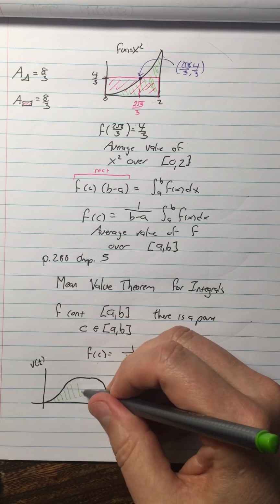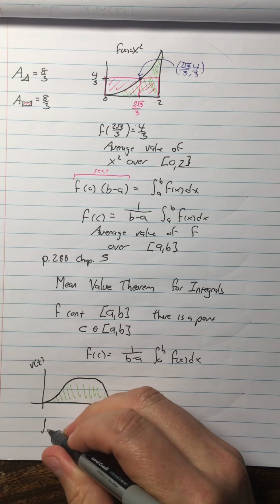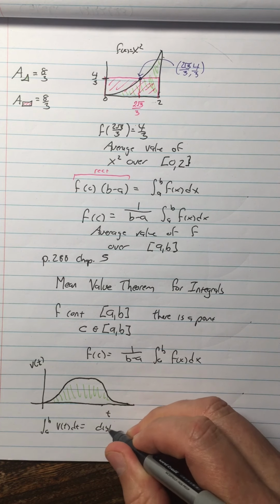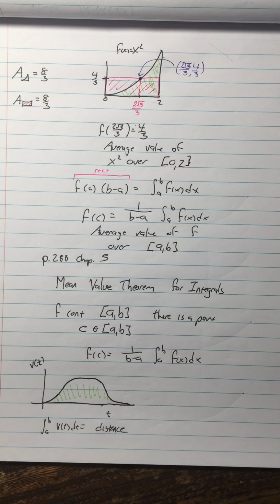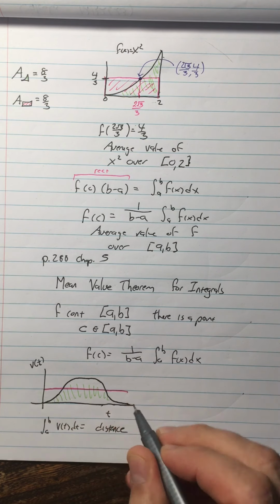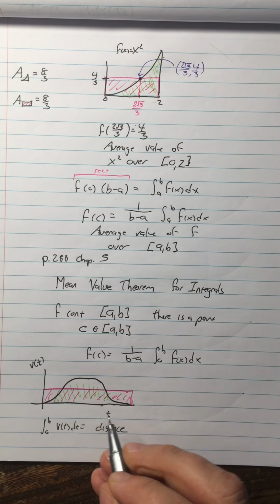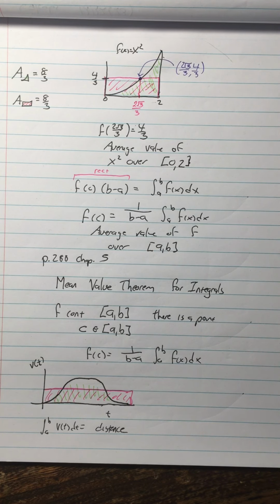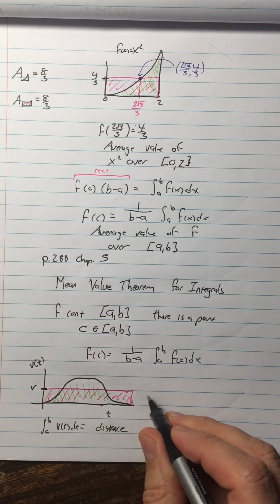Now, the area under the curve is the distance traveled, right? So the integral from a to b of v of t dt equals distance traveled. It's really displacement. We're talking about positive distances for now, positive velocities. Now, there's a magic point where I have a rectangle that has the same area as the curve, but the velocity is constant.